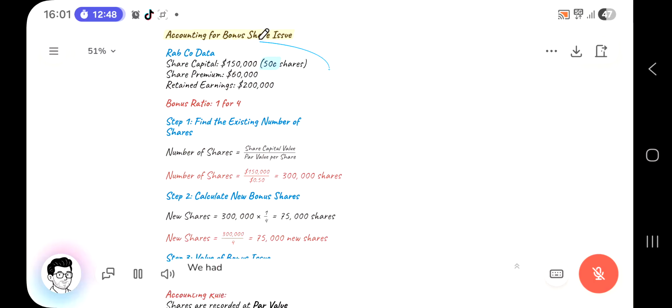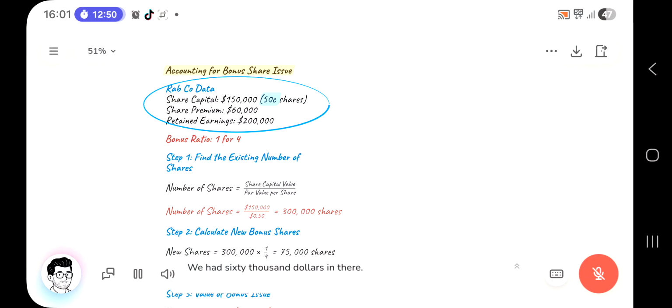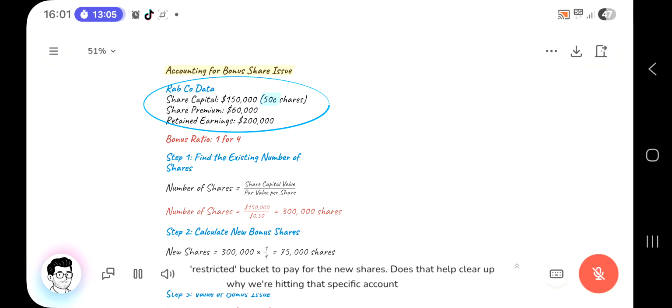We had $60,000 in there. By debiting it for $37,500, we are simply taking that amount out of the restricted bucket to pay for the new shares. Does that help clear up why we're hitting that specific account with a debit?